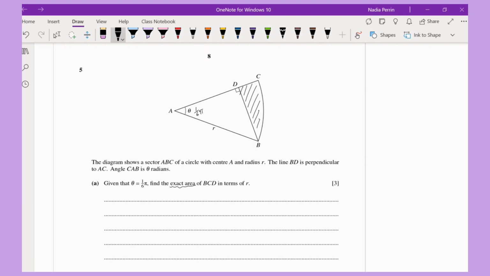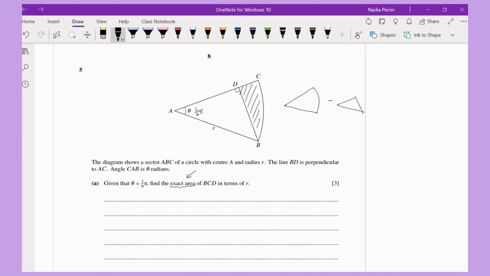So my strategy is going to take that whole sector and I'm going to minus the triangle, and that's going to leave me with the bit left over. Just reminding you, when they say exact area, that means it has to be in terms of pi and square roots and things, okay? So they do not want any decimals.